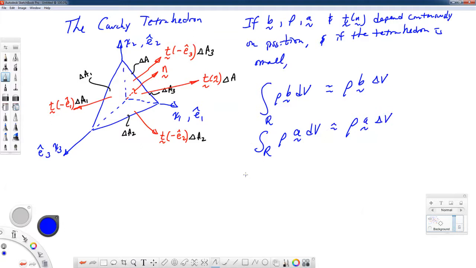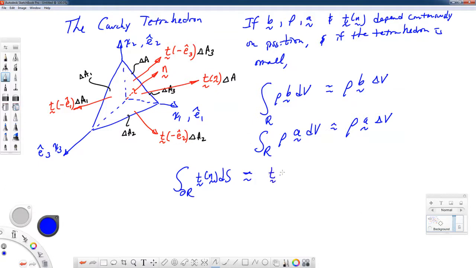And then when we look at the surface term, the traction as a function of the unit normal n times dS is going to be approximately the summation of these four forces that we have right here. Now I'm going to write this in a special way here.